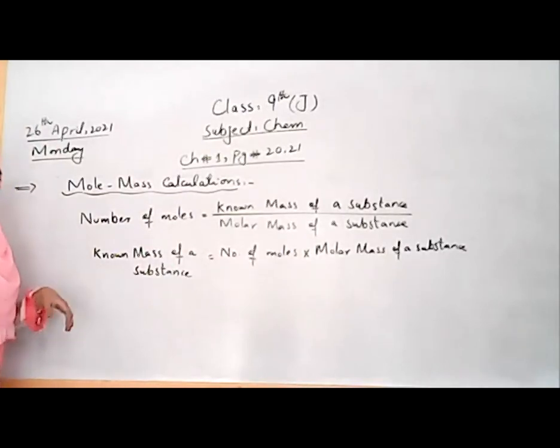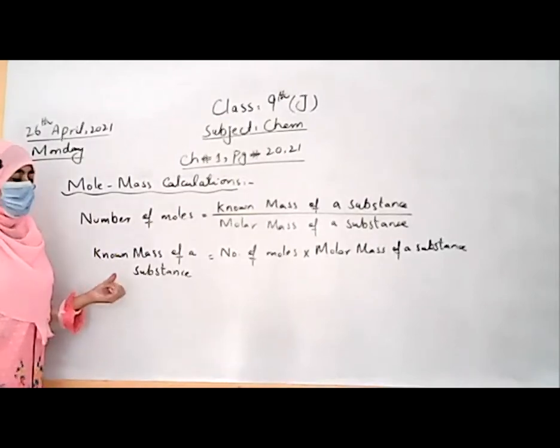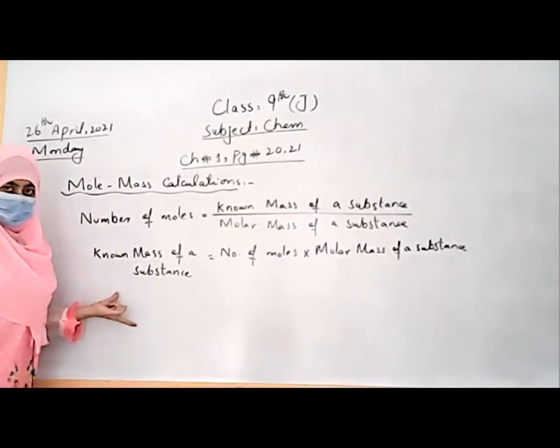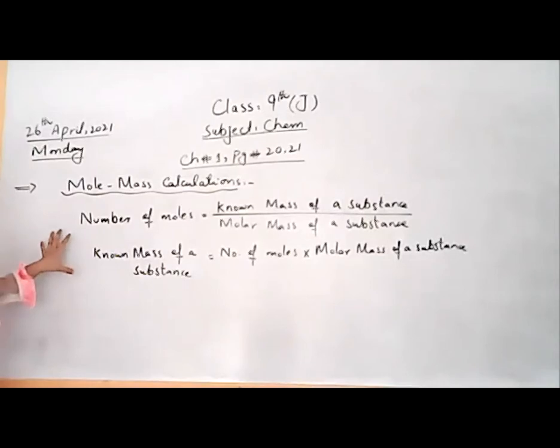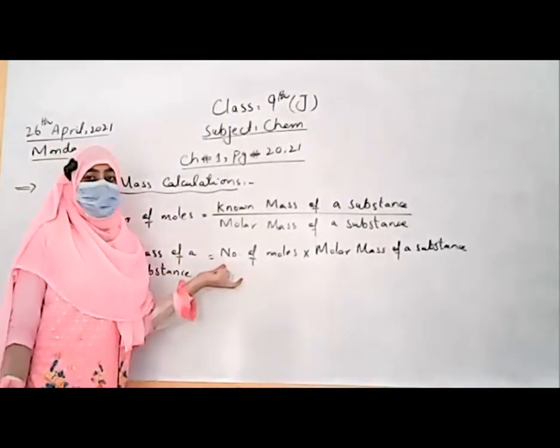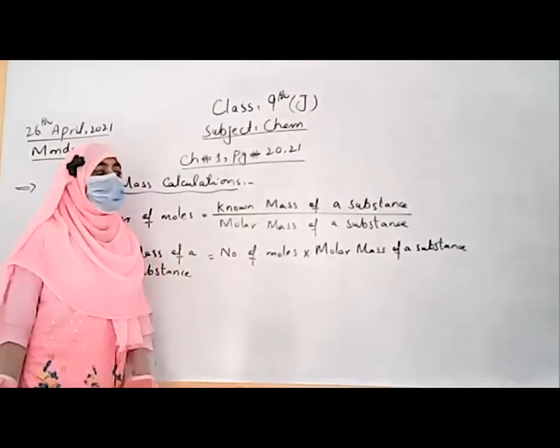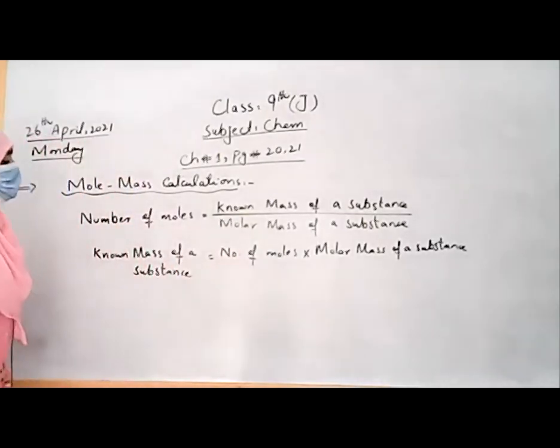If in the statement we are asked to find the mass of a substance, then use this formula for finding the mass of a substance, by multiplying number of moles and molar mass of a substance.